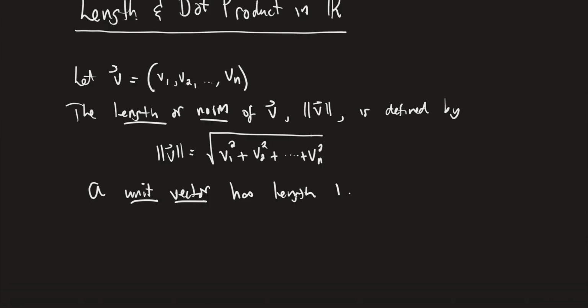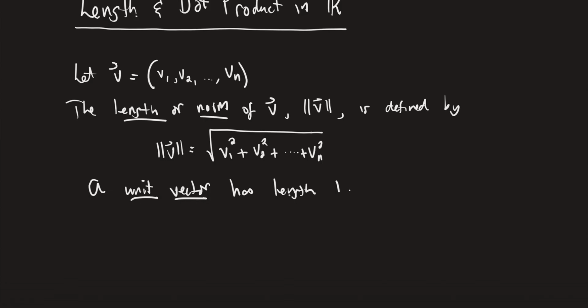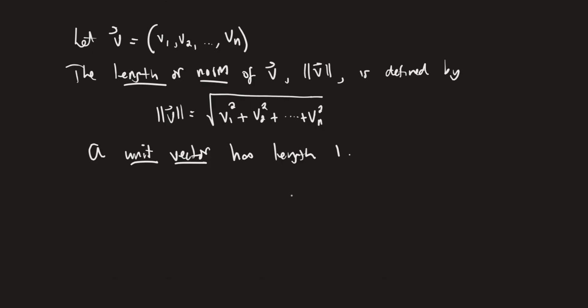Let's do a little example, and I'll do an example not in the standard R2 or R3, but let's go up a little bit on the dimension, but not too crazy. Let's take a vector v in R4, say 1, -1, 2, 3. If we want to compute the length, we'll just take the magnitude of that, and here's our calculation.